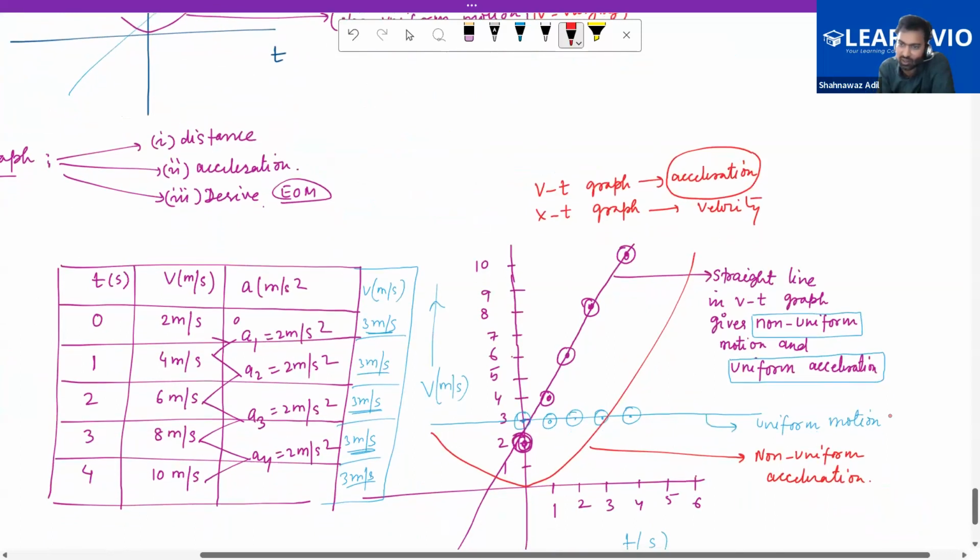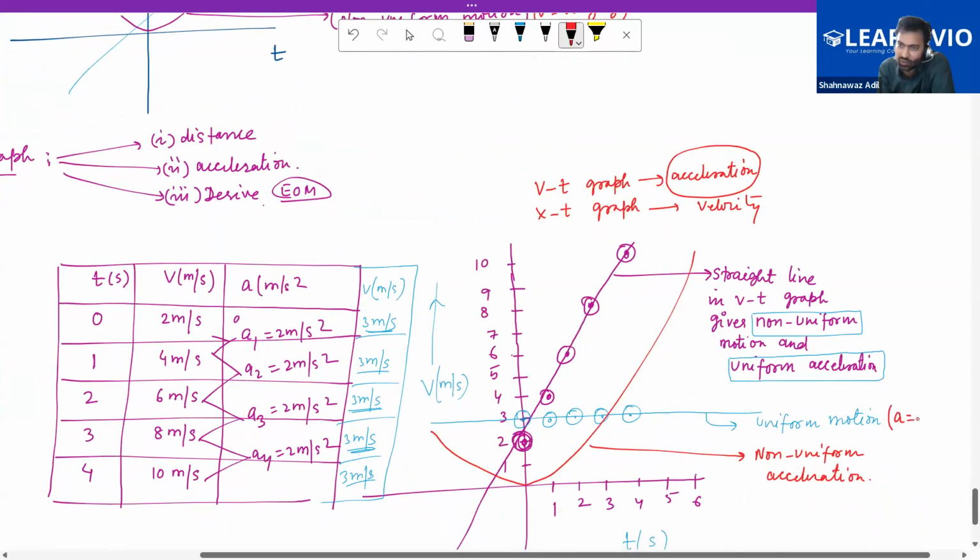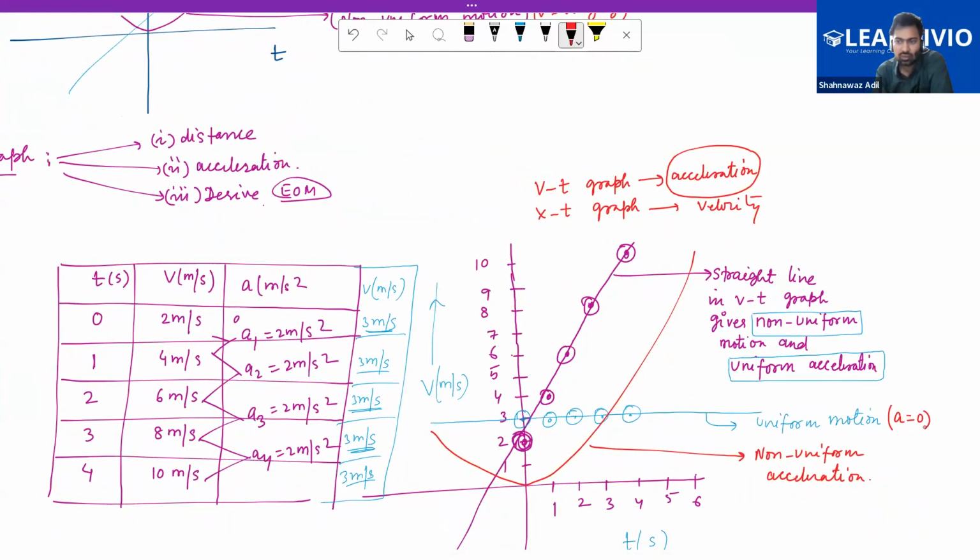So parallel line represented A equal to constant. And straight line represented A equal to what? That is why we call it uniform acceleration. And this non-uniform represented A varying. So this is how we analyze the graph. Is it clear?